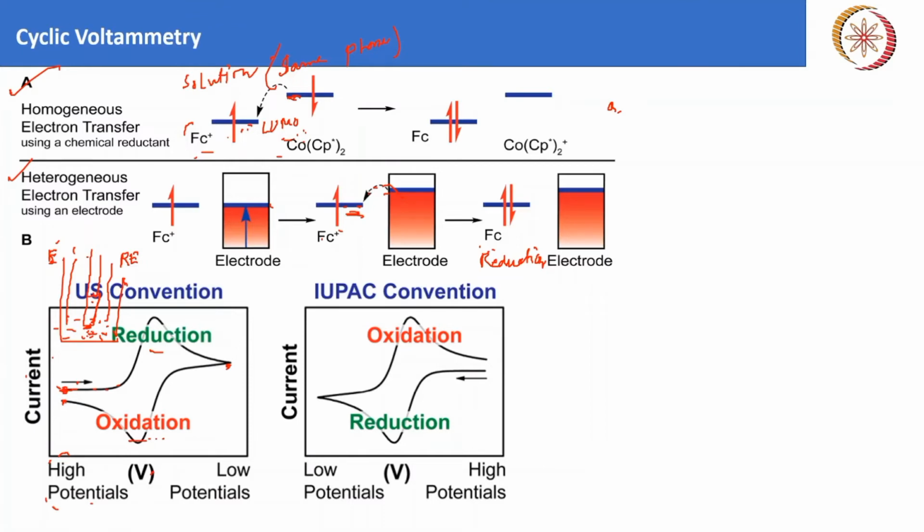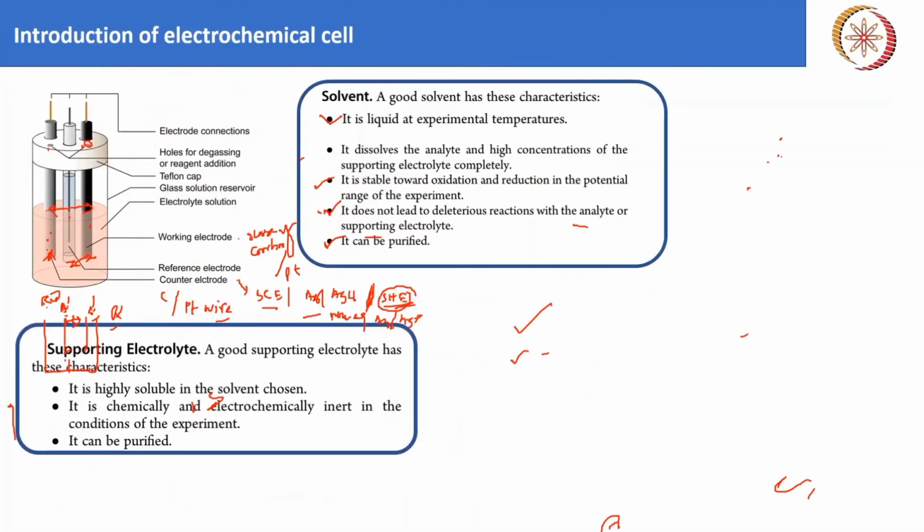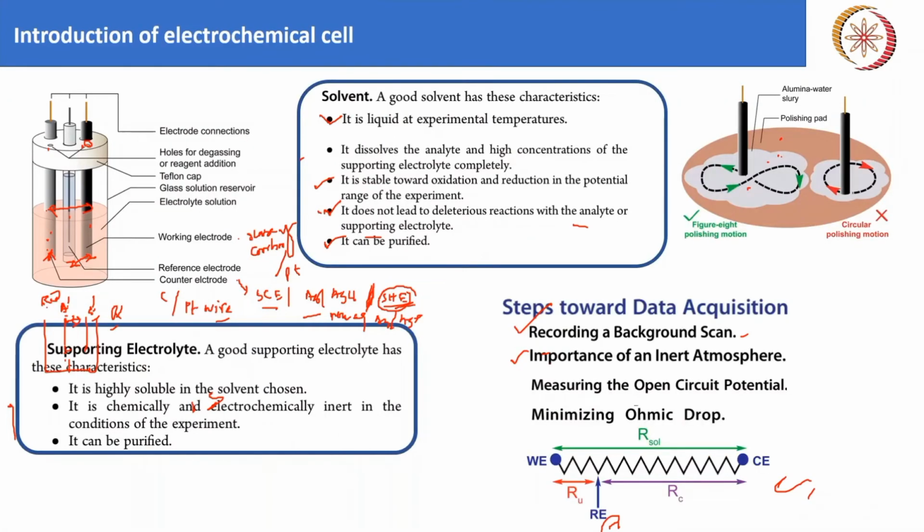Suppose you are doing a cyclic voltammogram on an unknown system; how can we know from which potential we should start?